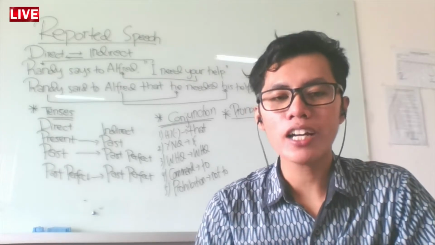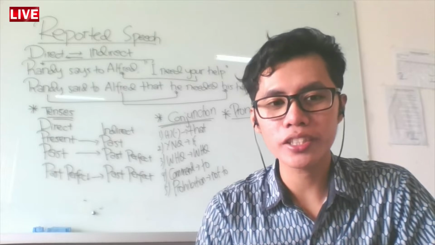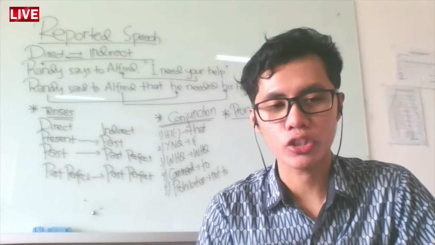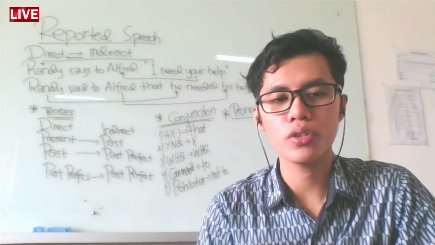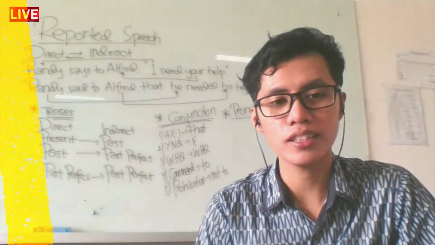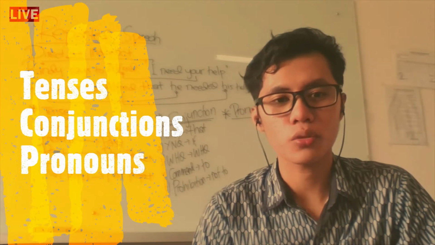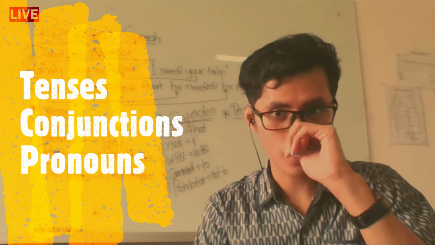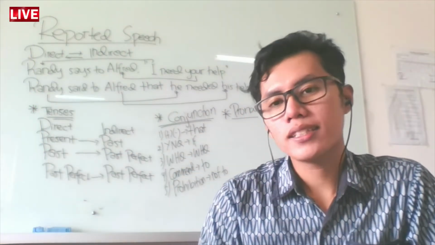If you pay close attention, there are three elements that change when you want to change a direct into an indirect sentence. The first is the tenses. The second one is that there will be a conjunction, and the third one is the pronoun. Let's see the example.